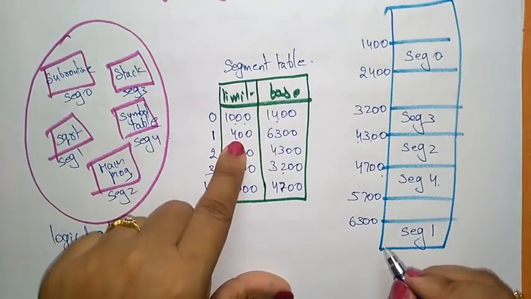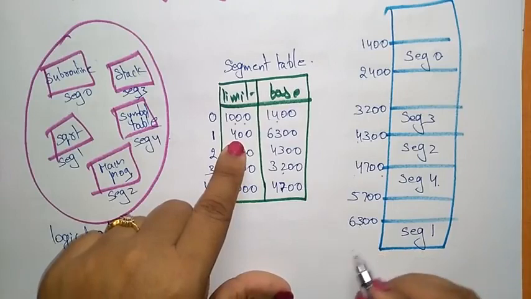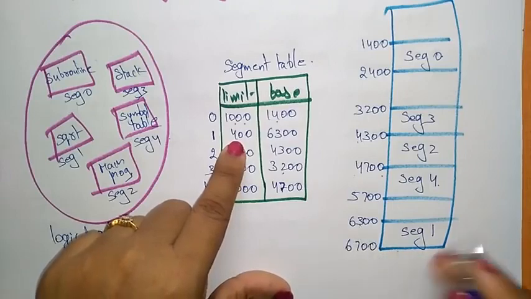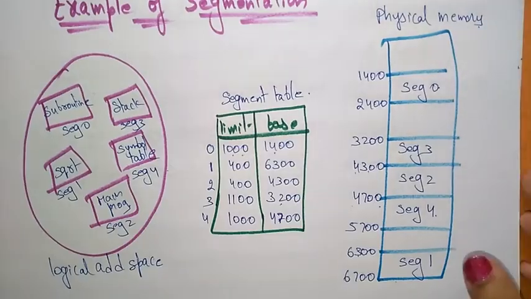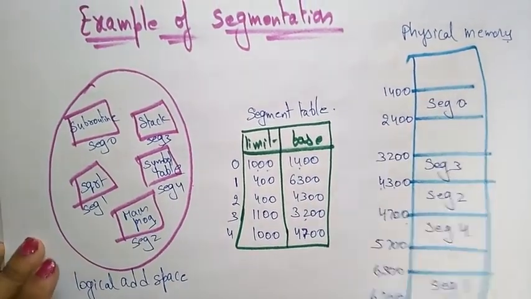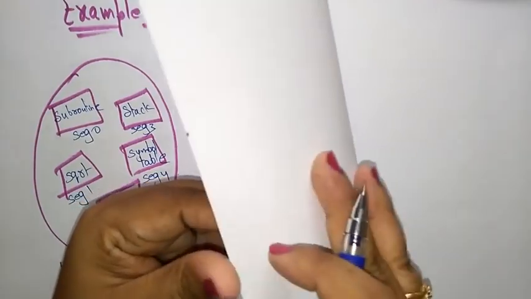The limit is 400, so just add 400 to 6300 and it becomes 6700. This is how each segment will be stored in the physical memory, by adding the limit and the base present in the segment table. In the next video I will explain the segmentation hardware with a simple example. Thank you.